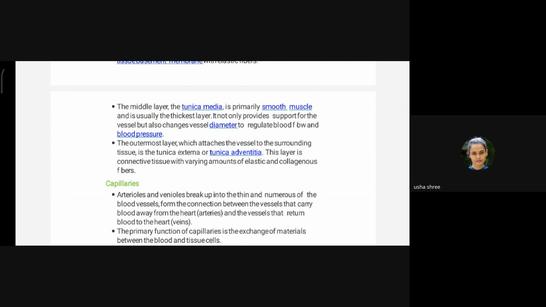Now, capillaries. Capillaries, arterioles, and venules break up into thin and numerous blood vessels that form the connection between vessels that carry blood away from the heart and vessels that return blood to the heart.